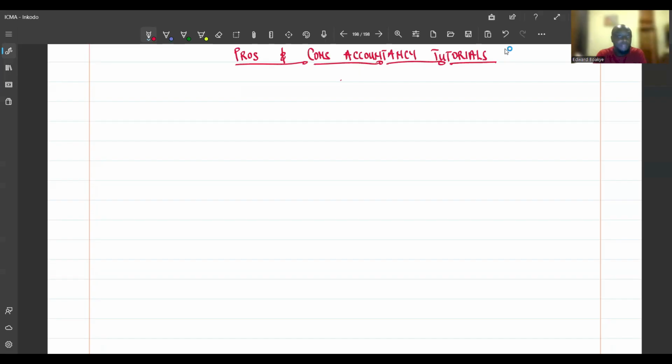So we are back again, and today we want to start something on IAS 33. IAS 33 is known as earning per share. In fact, earning per share is a ratio which is part of financial statement analysis.